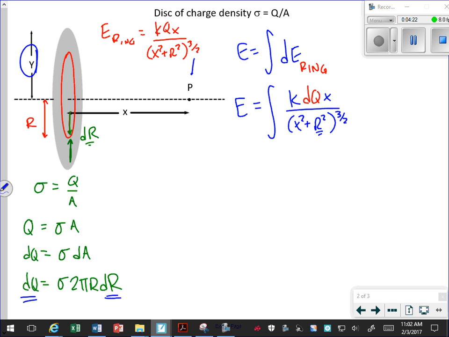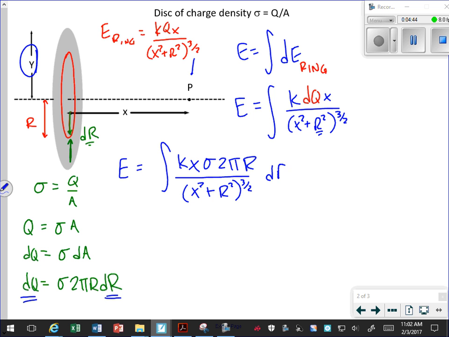We sub in, and we say that E is k, here's my x, here's my dq, sigma, I always forget that sigma, sigma 2 pi r over x squared plus r squared to the 3/2 dr, where r ranges from 0 to y.